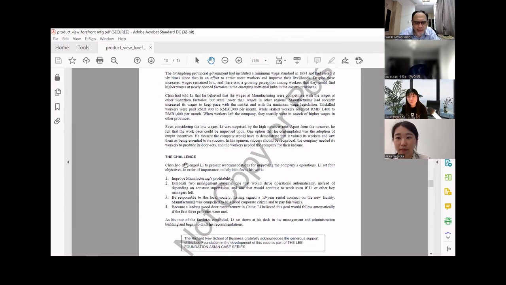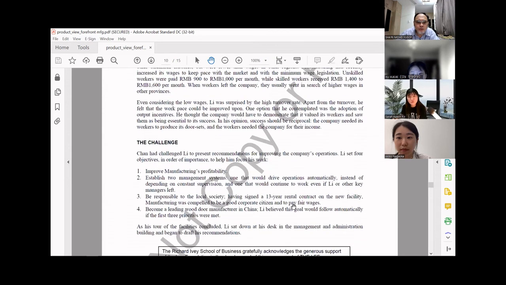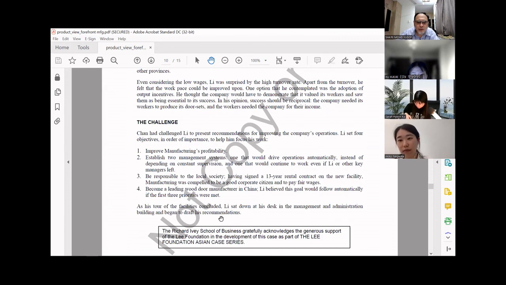So Andrew Chan, read this. This is the key that I want you to figure out. You need to draft the recommendation on these focus areas. Mr. Andrew Chan challenged Lee to present recommendations for improving the company's operations.